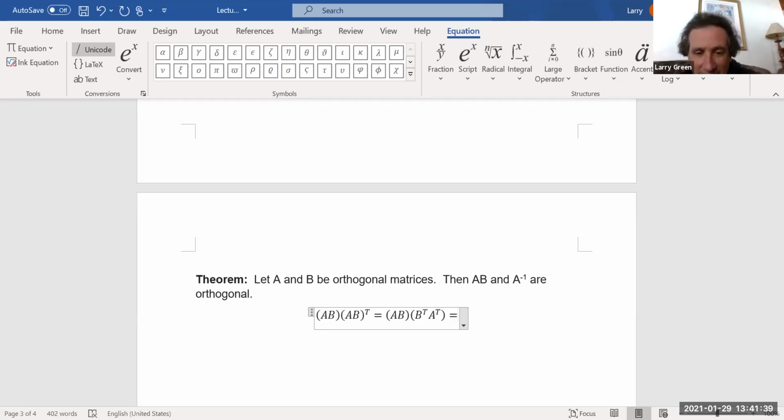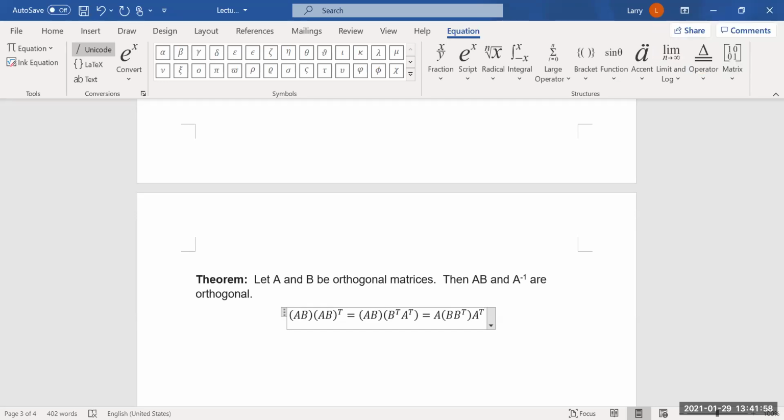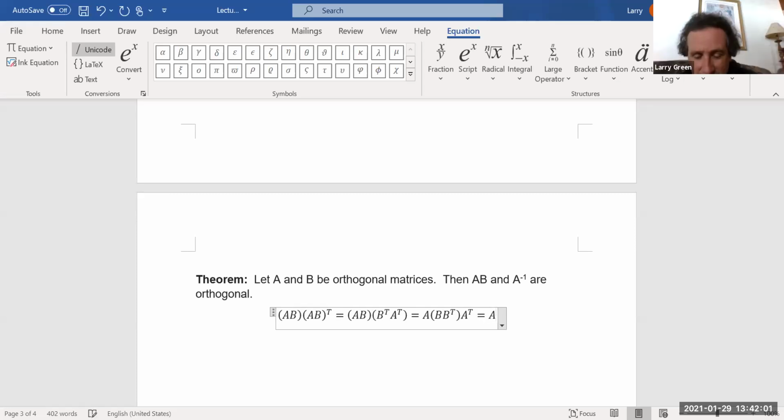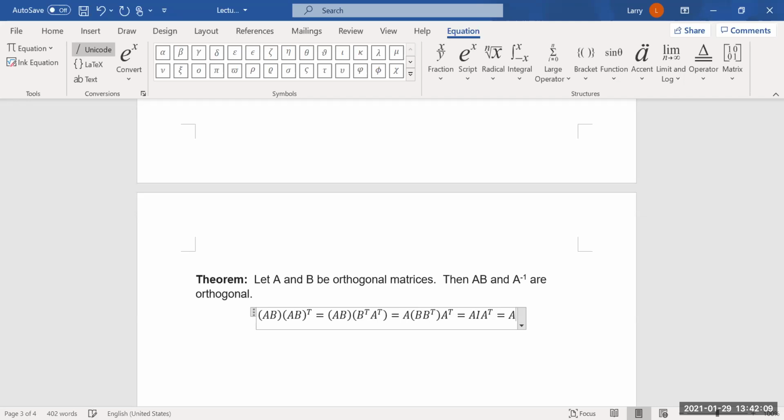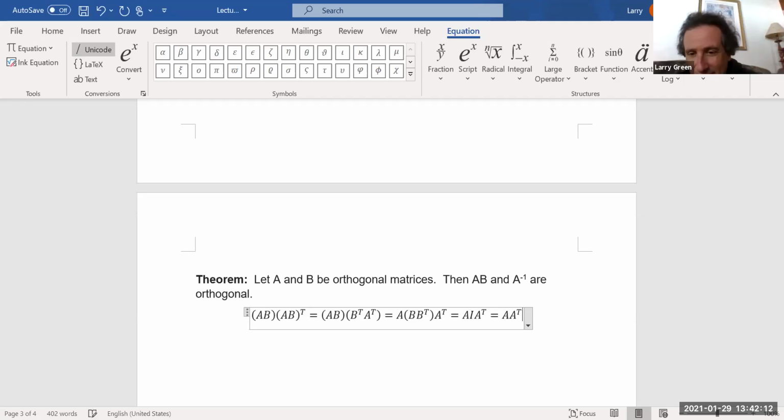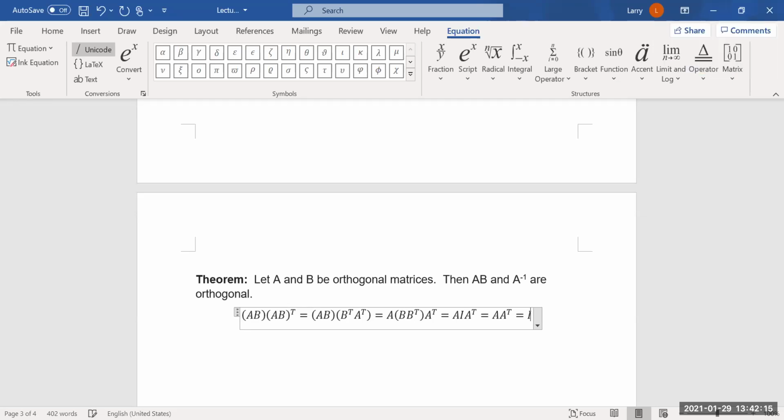And I can write this as A times BB transpose times A transpose. Any questions on that? But what's BB transpose? I. Yep. So that's equal to A times I times A transpose. What's A times I? A. So that's A times A transpose. And what's A times A transpose? I. And that's it. So that's the proof in that direction.